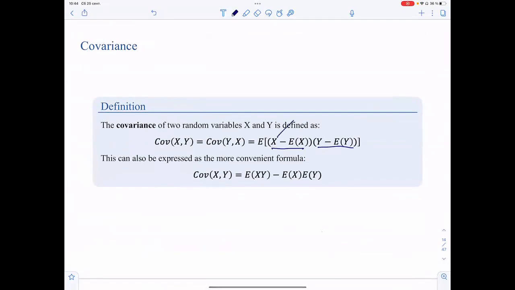Then we may open these brackets, and then we have xy minus expectation of x times y, xy minus x times expectation of y plus expectation of x times expectation of y. So what I did, I just multiplied these elements.